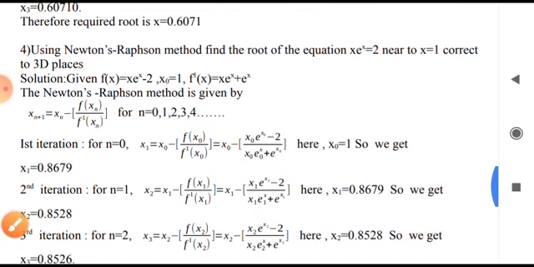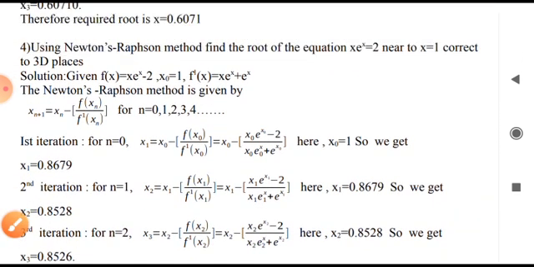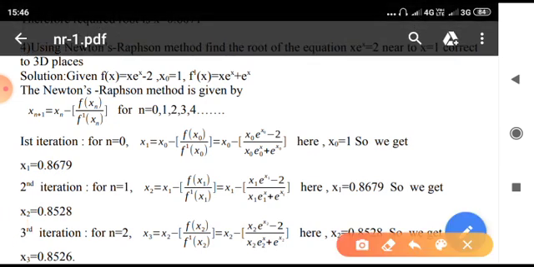The Newton-Raphson method is given by x n plus 1 is equal to x n minus f of x n divided by f dash of x n for n equal to 0, 1, 2, etc. Now the first iteration is obtained by substituting n as 0 here.